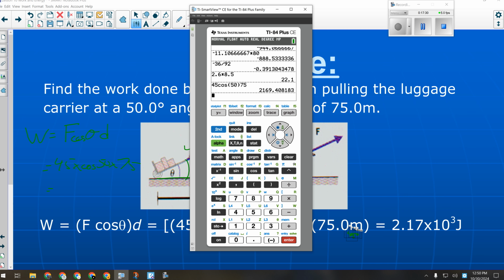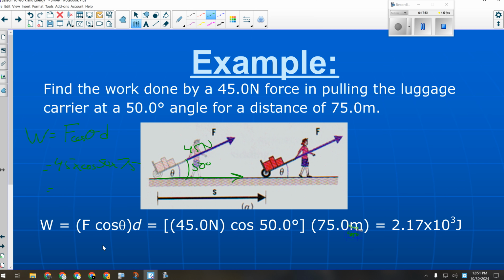Oops, I did that wrong. Cos 50 times 45 times 75. No, actually, I didn't do it wrong. Okay, so that's how much work she does. We got 3 sig digs there, so 2.17 times 10 to the 3 joules.